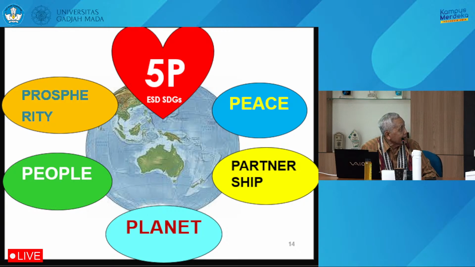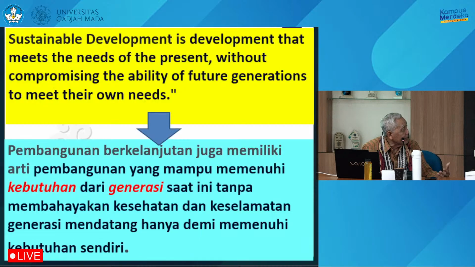Okay, next. So, what is sustainable development? Sustainable development is what we prepare for the next generation, so that the carrying capacity of our planet is still suitable for the next generation.